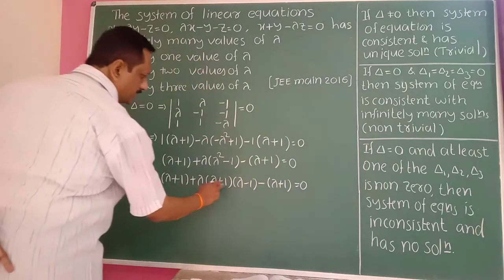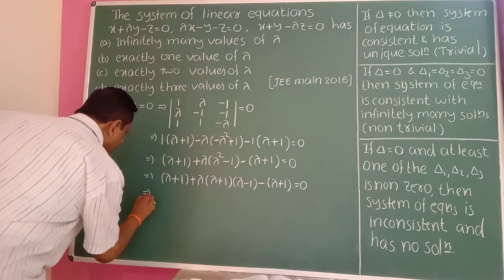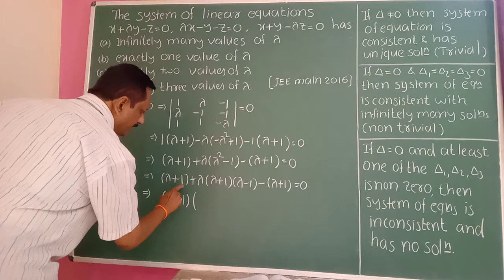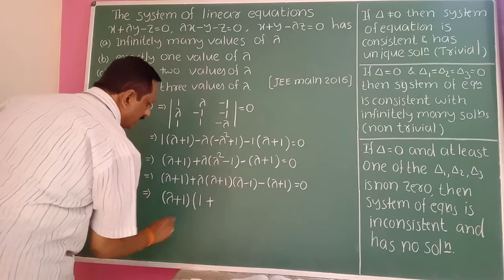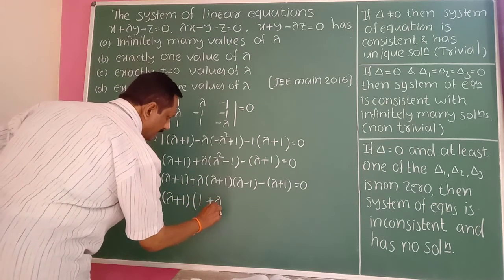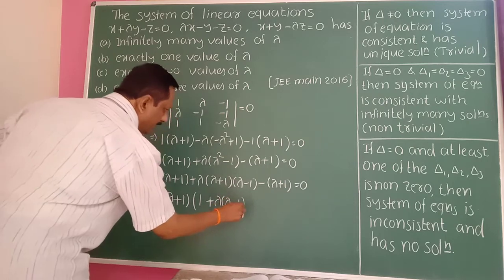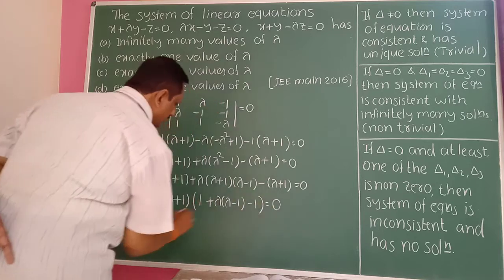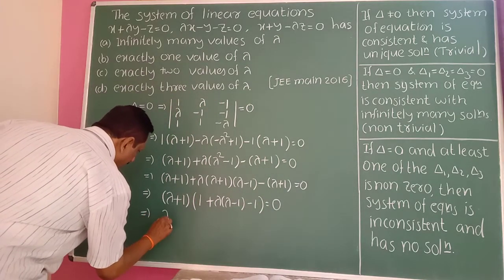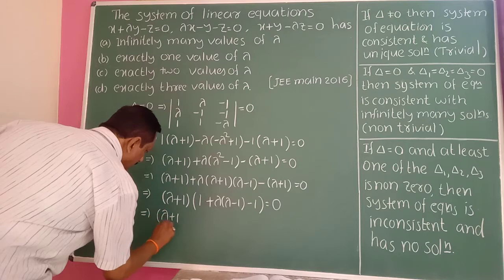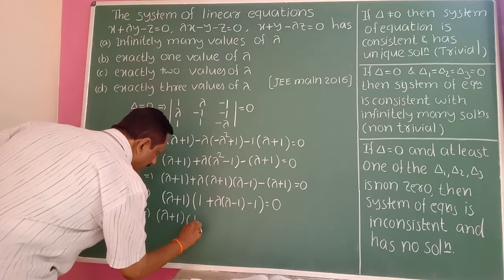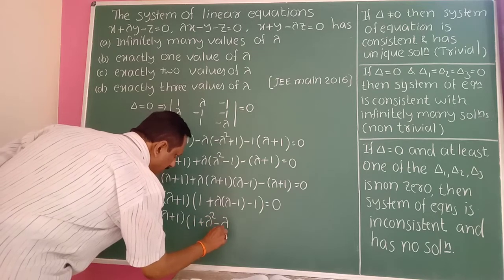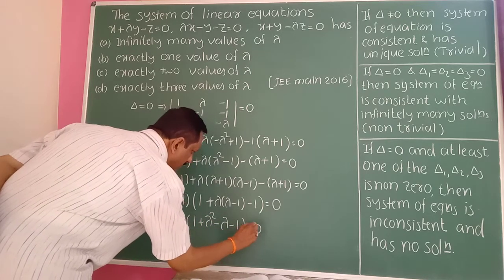Then here lambda plus 1 is the common factor here. So this implies lambda plus 1 is the common factor. Then remaining term is 1 plus lambda into lambda minus 1, then minus of 1 here. That is equal to 0. So this implies lambda plus 1 into, then write here 1, lambda into lambda becomes lambda square minus of lambda minus 1 equal to 0.